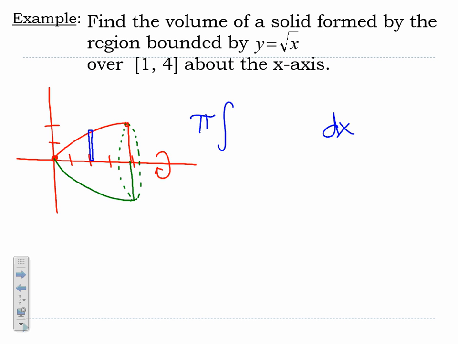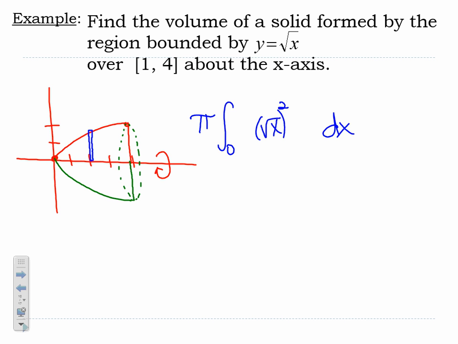Here our top function is radical x, so radical x squared. Our bottom function is actually just the axis, so we don't have to subtract out a hole. So here's our radius squared, pi r squared h. We don't have to subtract out another function. And what is our interval? From 0 to 4, right?